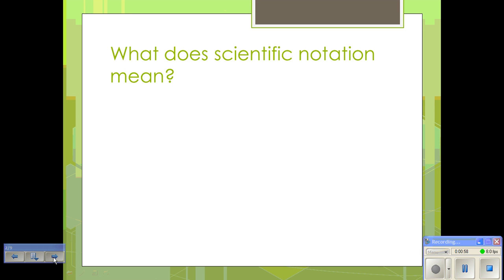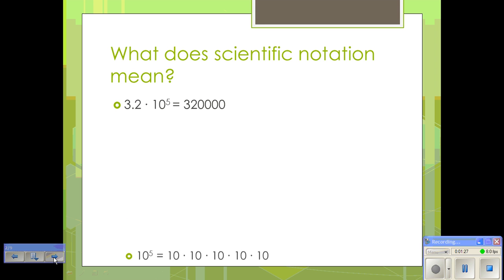When you look at scientific notation, it helps to really understand what it's showing us. You may be able to look at 3.2 times 10 to the fifth and go, okay, so that's 320,000. But some students may not really realize what this is telling you.